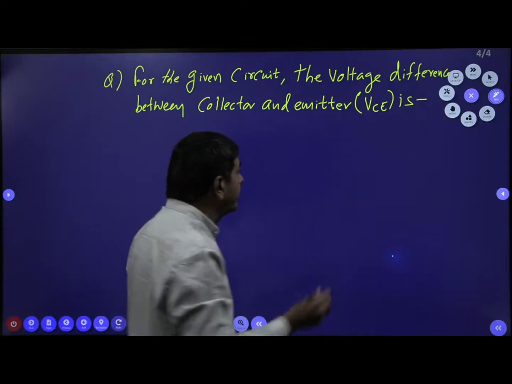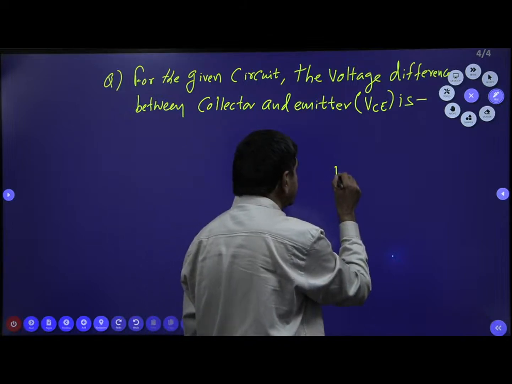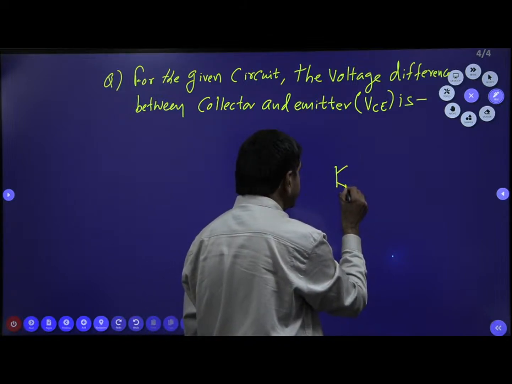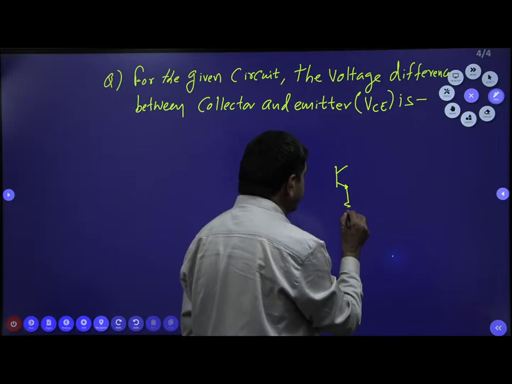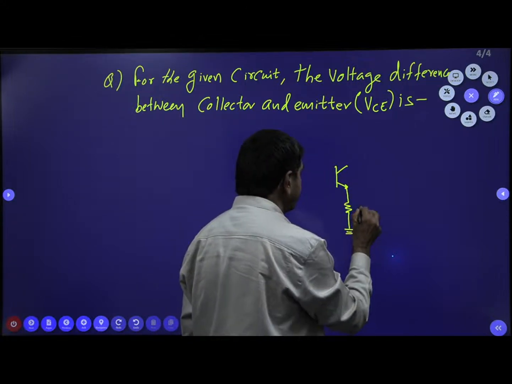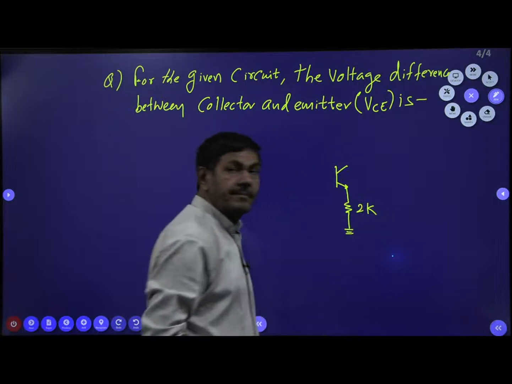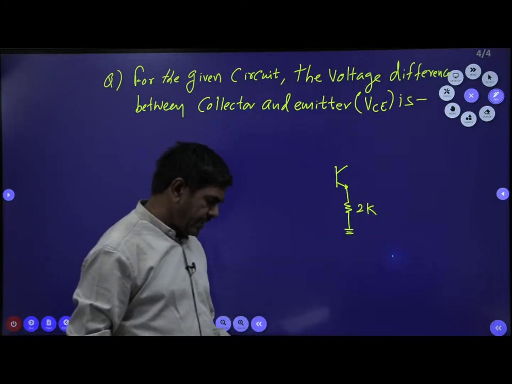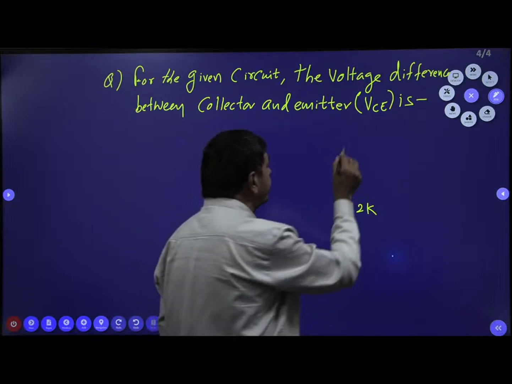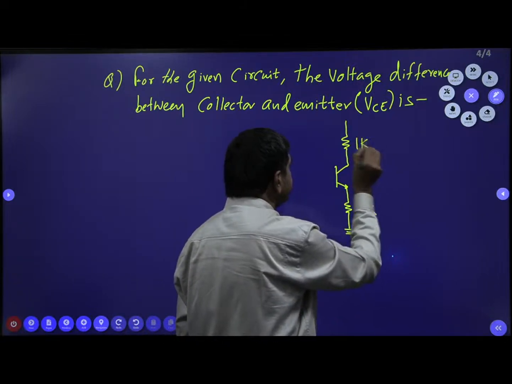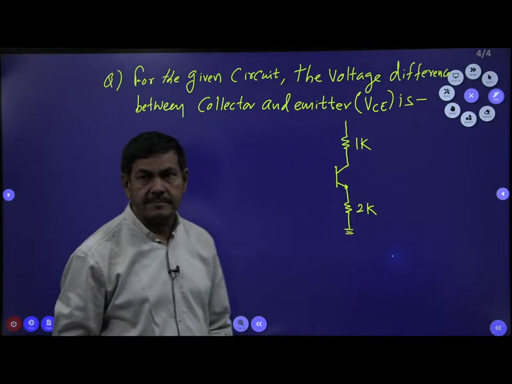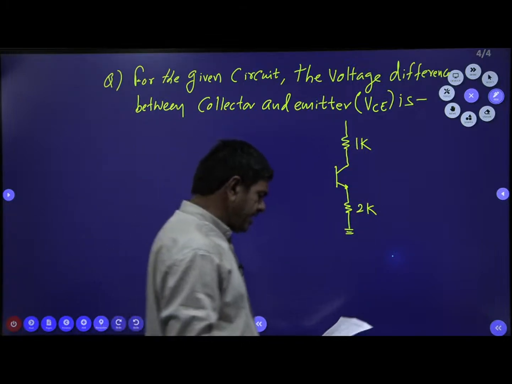And here the network is given like this. Transistor with emitter resistance given as 2K, and collector resistance given here as 1K.